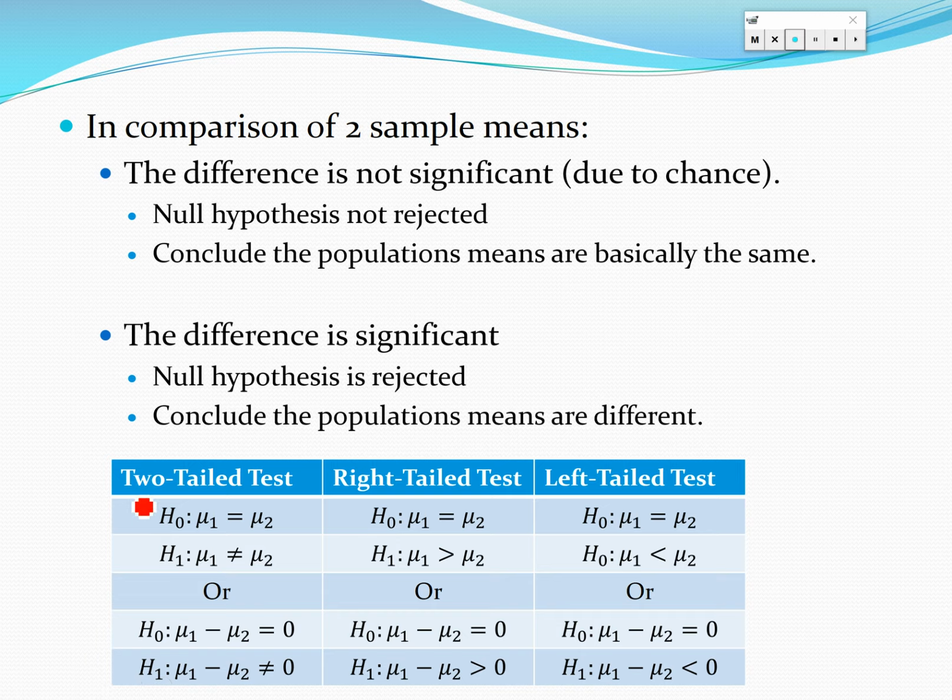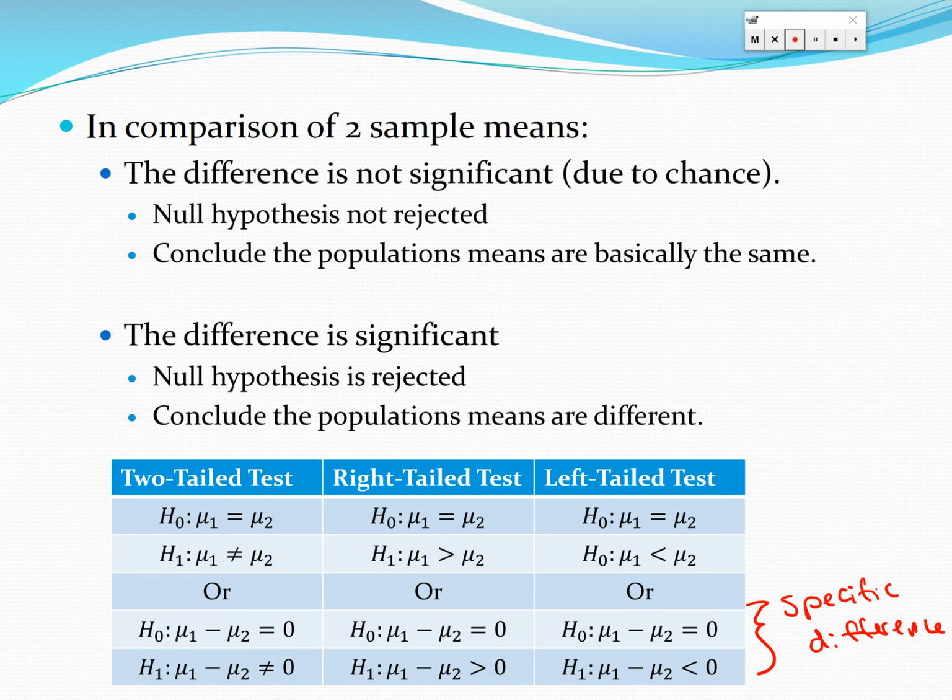The top way is okay for most cases where you have mu sub 1 on the left side and mu sub 2 on the right side. But the bottom cases are what you're going to use if you have a given specific difference.